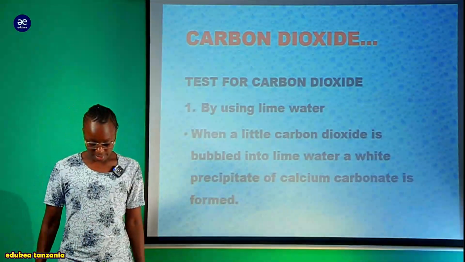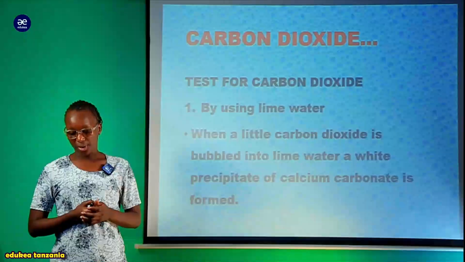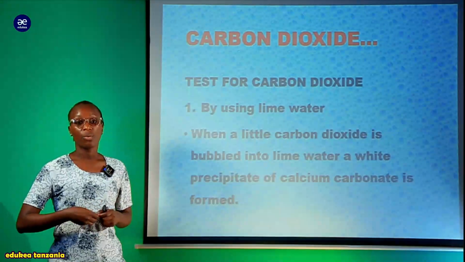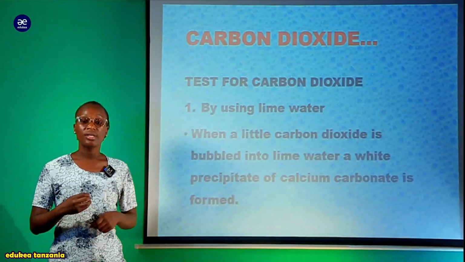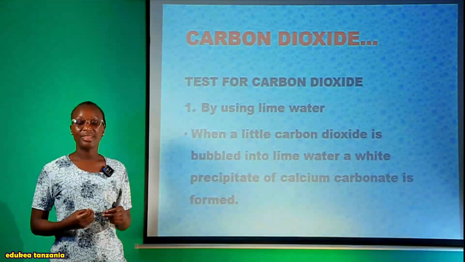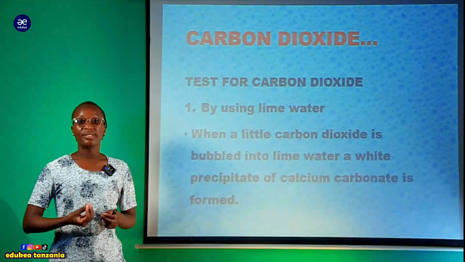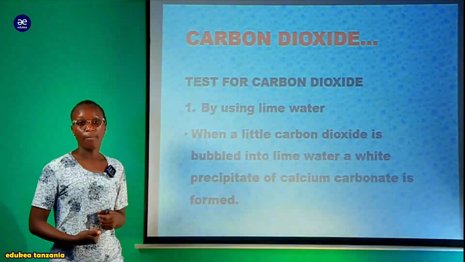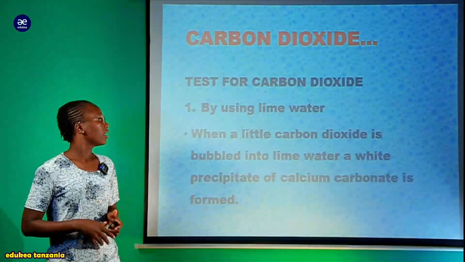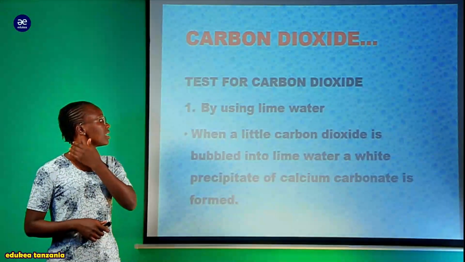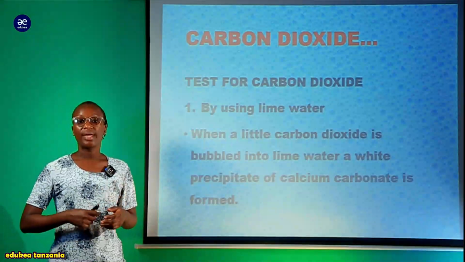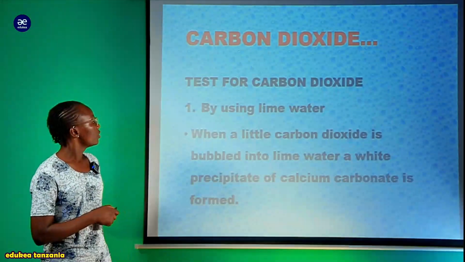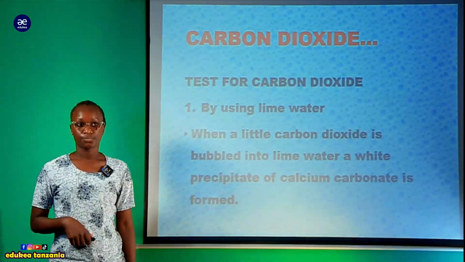Now let us look at the test for carbon dioxide, that is, how we can know that carbon dioxide is present. When we talk about a test for anything, it means we are able to determine the presence of a certain substance or compound in a certain place. Carbon dioxide we can test for by using lime water.